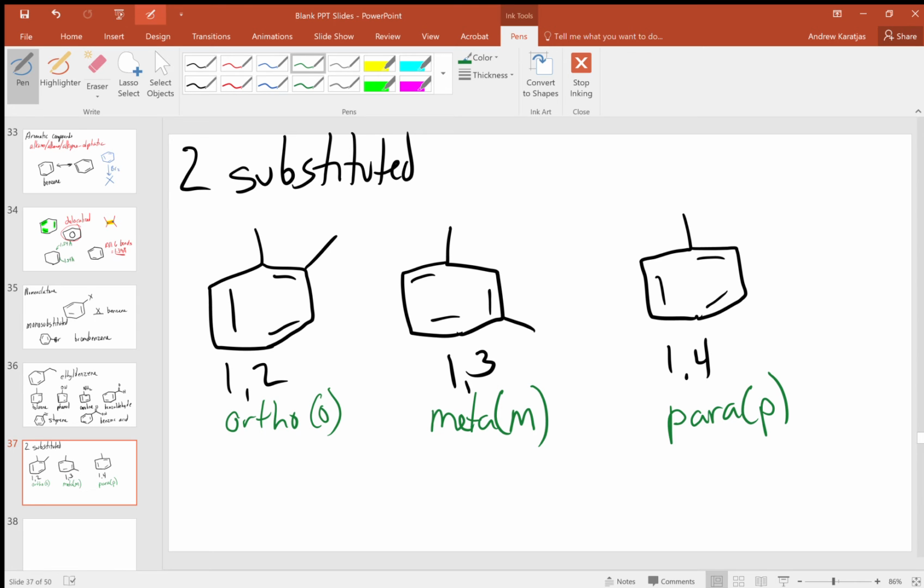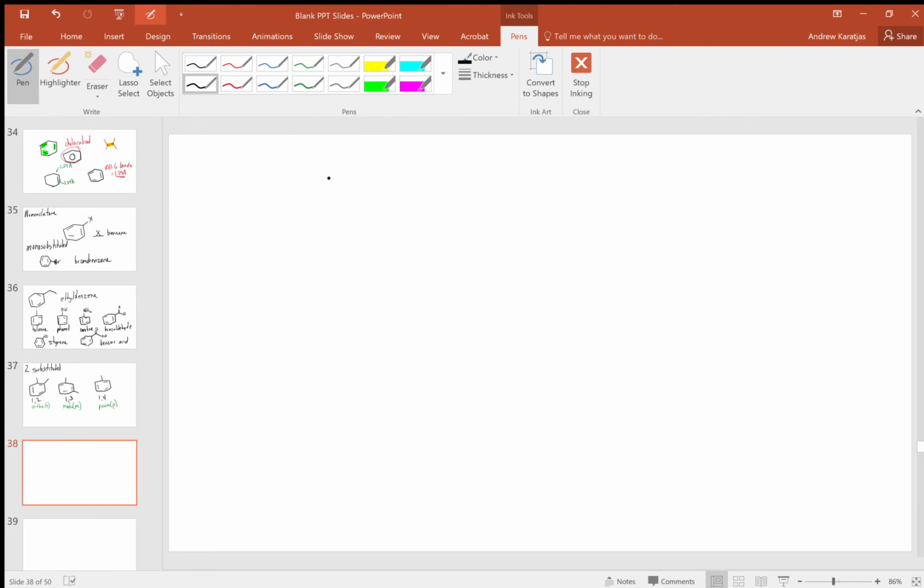All right, so how do we use this now? So here we have an aromatic ring that has a bromine and a chlorine. And we can see that the bromine and chlorine are in a 1-3 relationship, or what we call meta.